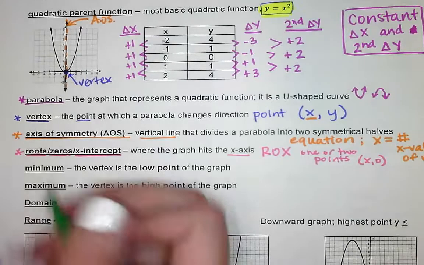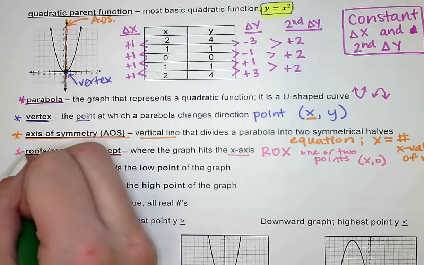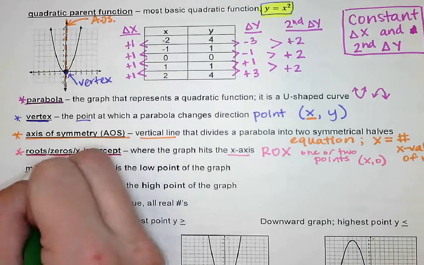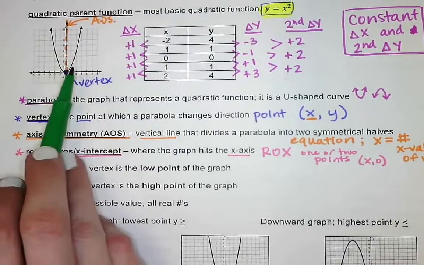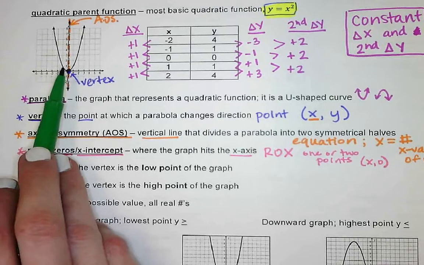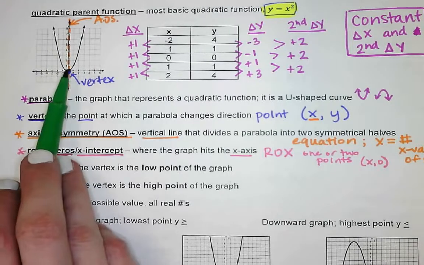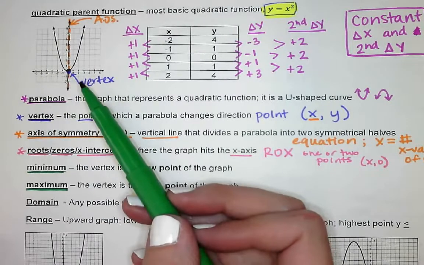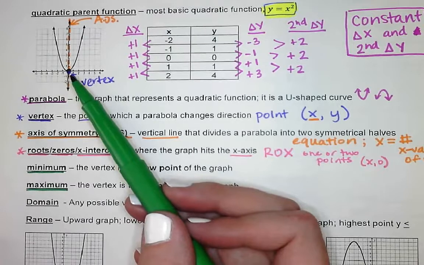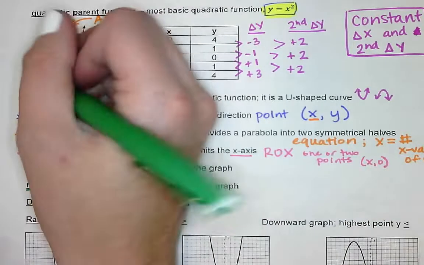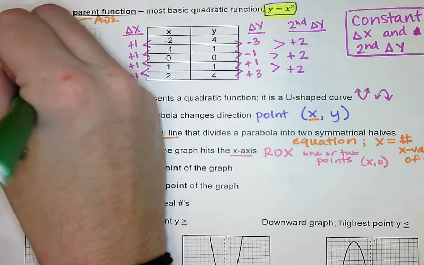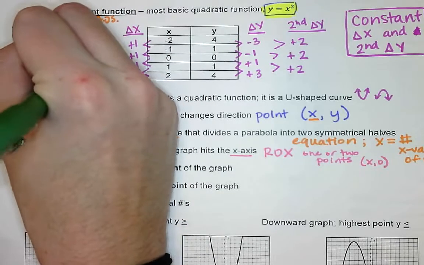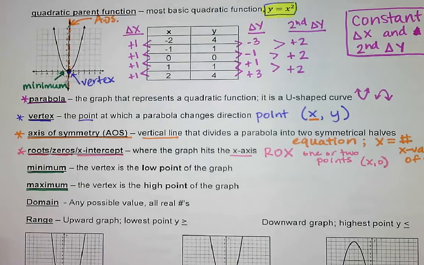Now guys, you will either have a minimum or a maximum. Looking at this example parent function, y equals x squared, does it look like my vertex is a minimum or a maximum? Why do you say minimum? Because it's the lowest point in the graph, not just because it's 0.